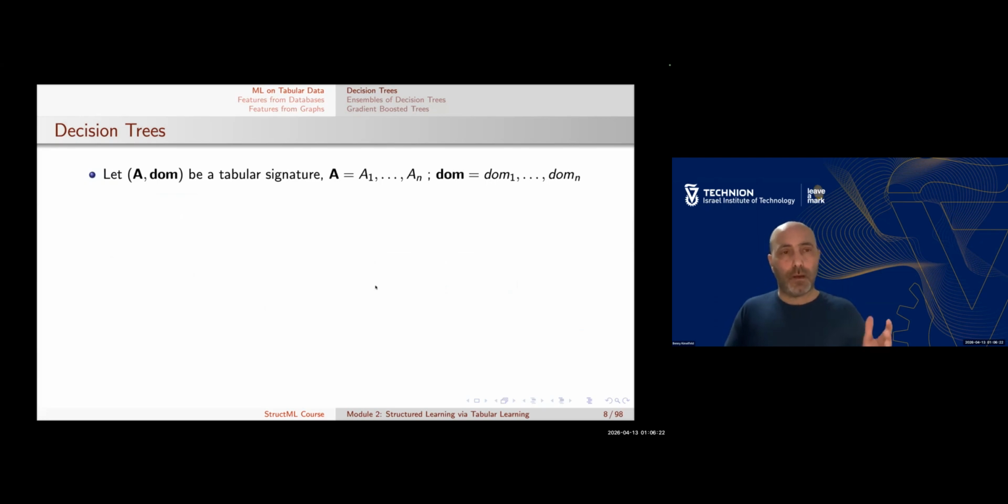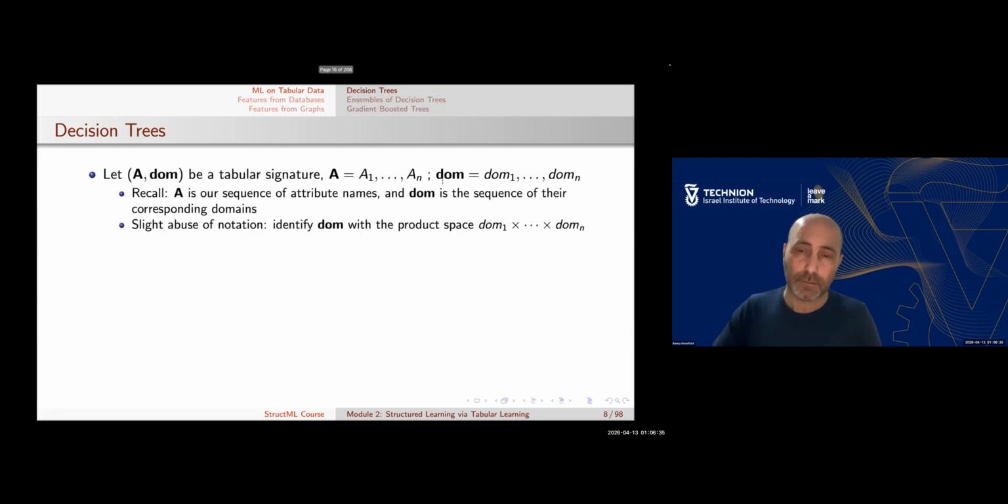So more formally, we have our tabular signature. Remember, it consists of a sequence of attributes and a sequence of domains, DOM. I may use this notation of DOM as meaning the product space of the domains, domain one times domain two and so on, a slight abuse of notation.